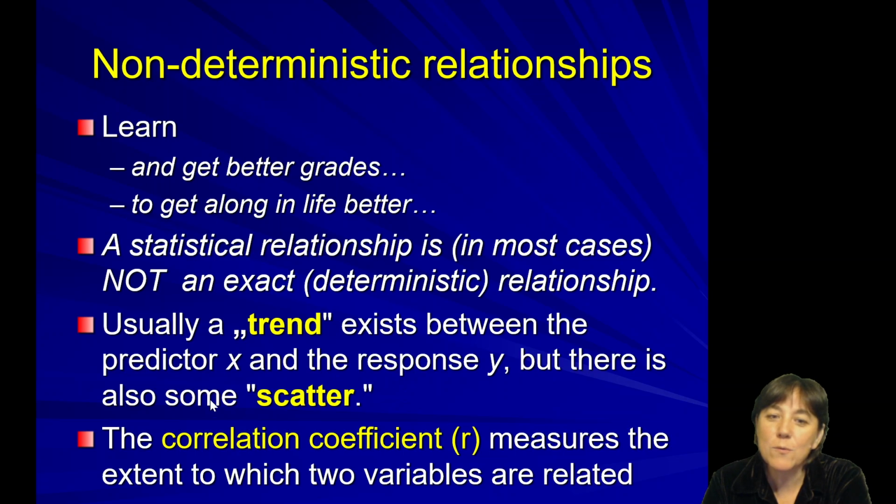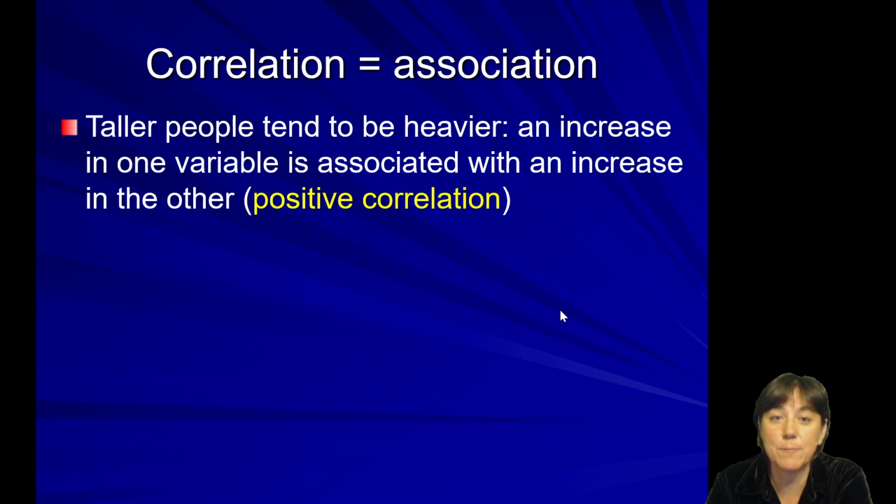So also the noise or scatter is there, and we will check this out based on a very concrete example. We take a statistical measure, the so-called Pearson correlation coefficient, Pearson R, to measure to which extent these two variables are related. What is the strength of their relationship?